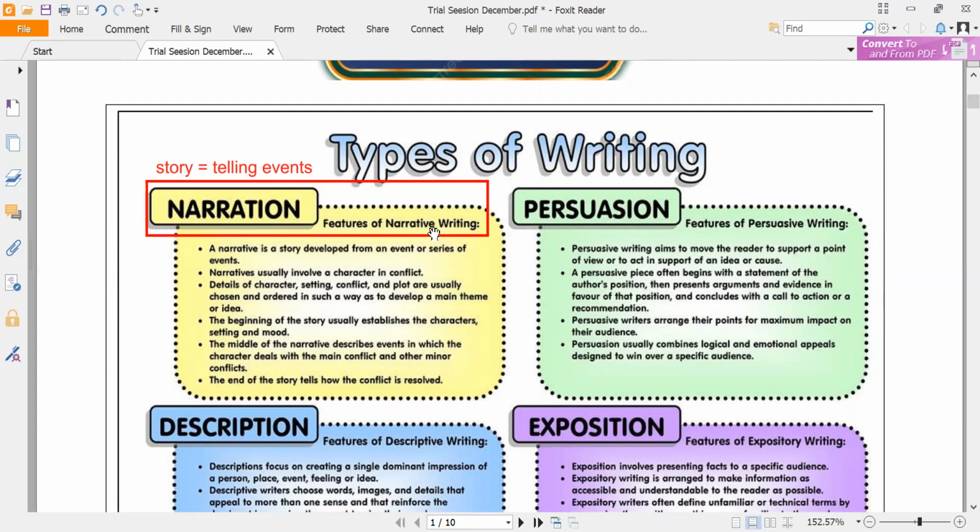Let's read how a narrative is structured. Any narrative work or story writing has some features. If I asked you to tell me about what happened in your graduation party or your birthday party, the events you tell me will consist of some actions, right?